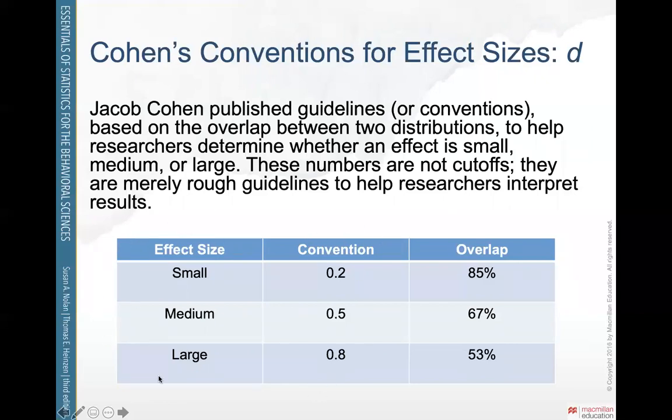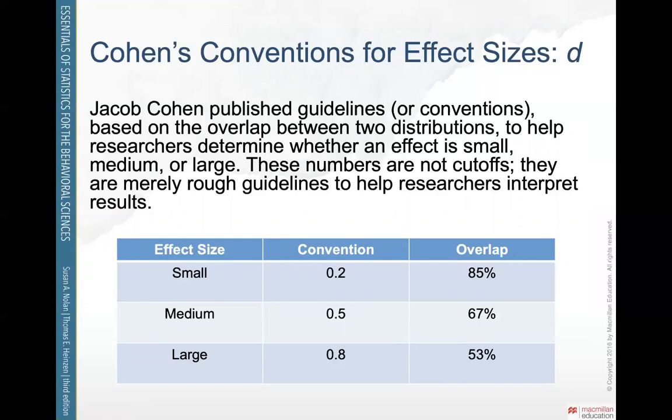But the reason that I'm highlighting this on the slides is because I know that there's a question on test number 3 where it gives you an effect size and you have to calculate it, or you have to determine, is the effect size in this problem small, medium, large, or completely negligible?